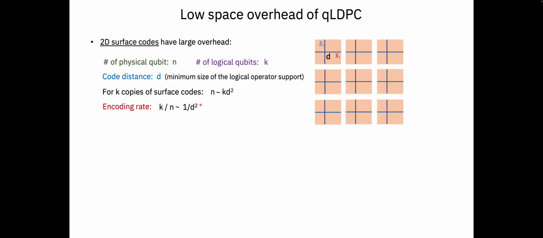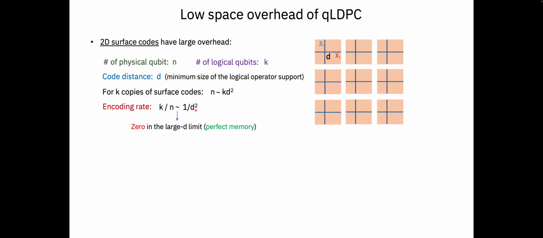And usually we define the so-called encoding rate to be the number of logical qubits divided by the total number of physical qubits. In this case, it equals 1 over d squared.